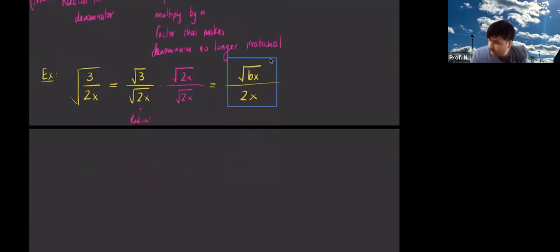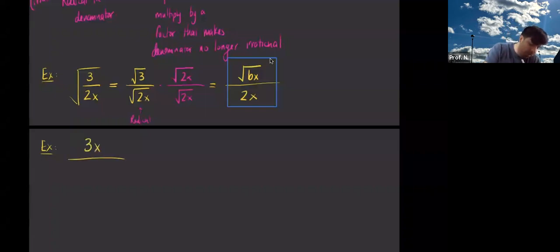Okay. So what if I get now something like this? Of course, we don't just get stuck with square roots. What if we get something like 3 over the cube root, no longer square root, but the cube root of 3x squared?